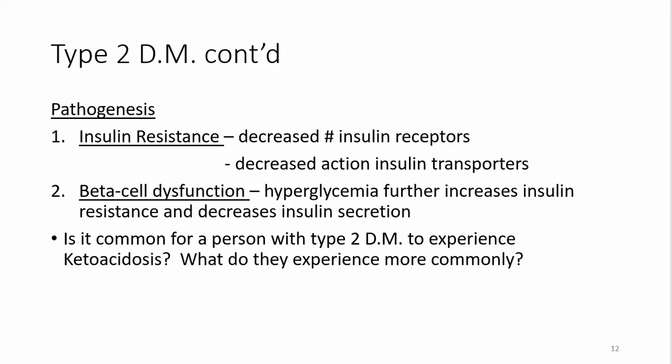They're more prone to something else, and we're going to leave that to you to bring up in the discussion board. I'm going to be, again, interested to see what your research shows about what's more common for type 2 diabetes mellitus people to get.